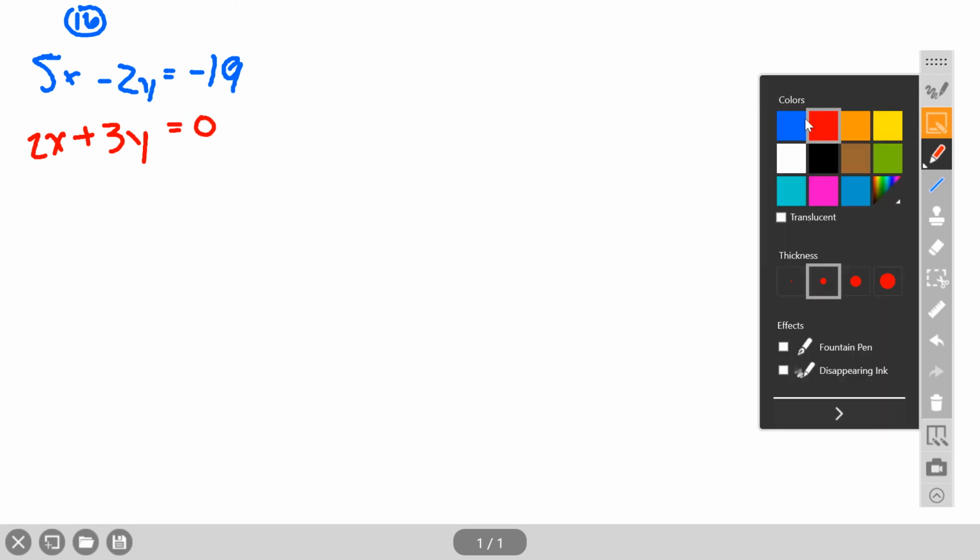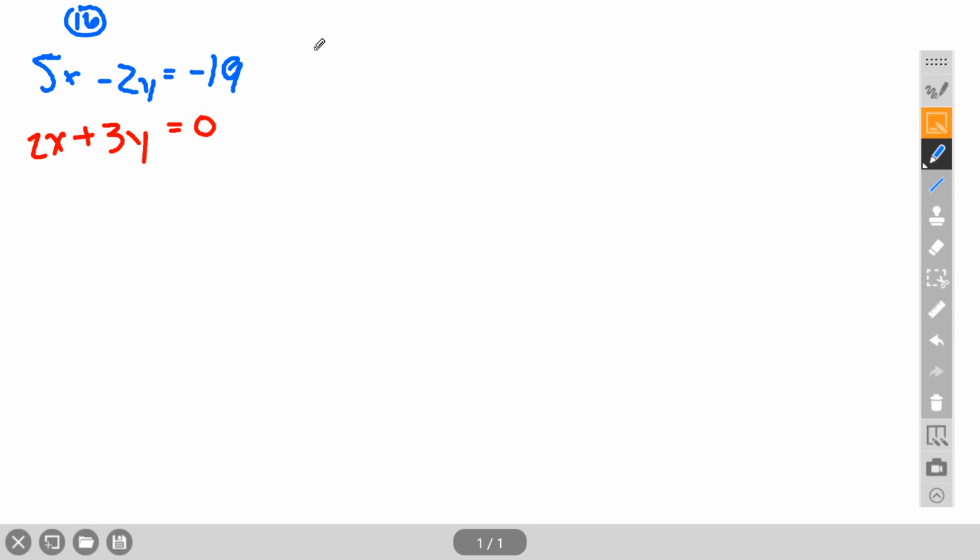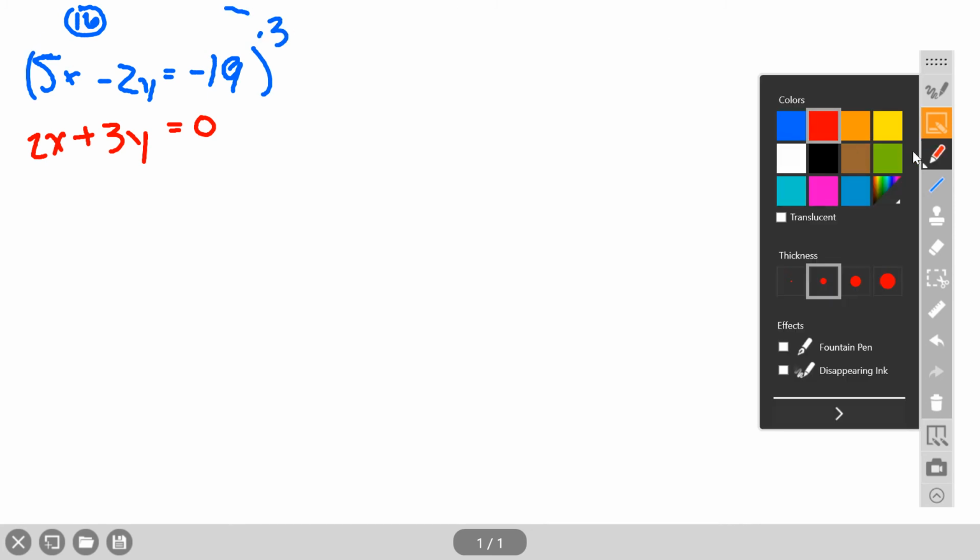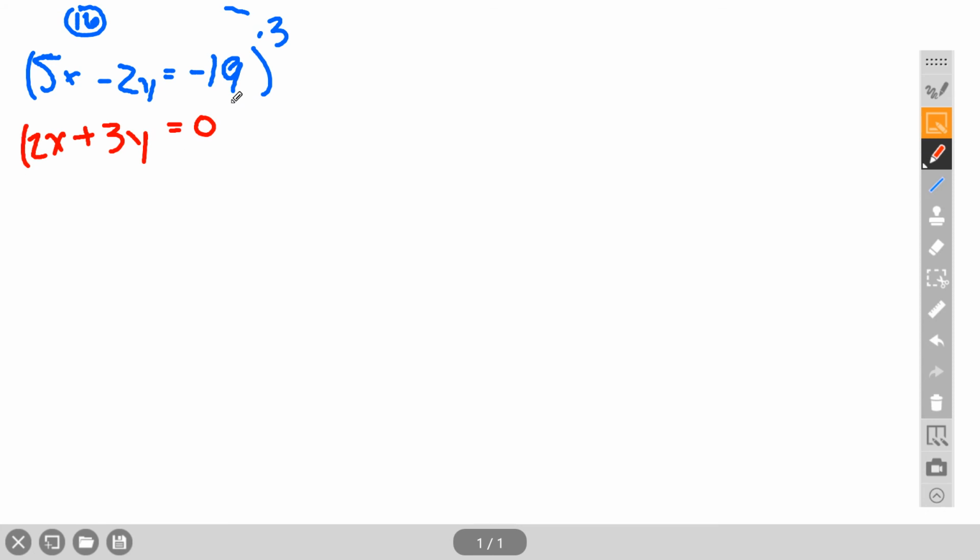So I think in this one I will get rid of the y's since they already have opposite signs. So I'll multiply the first equation by 3, and I'll multiply the second equation by 2 to make the coefficient on the y's both equal to 6 and negative 6. So I got 15x minus 6y equals, oh god, 50 something. Let's see. 19 times 3, I'm pretty sure that's 57, but I'm not going to bank on it.